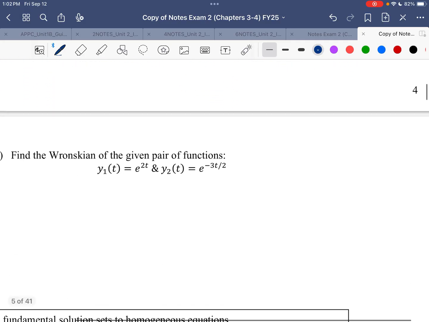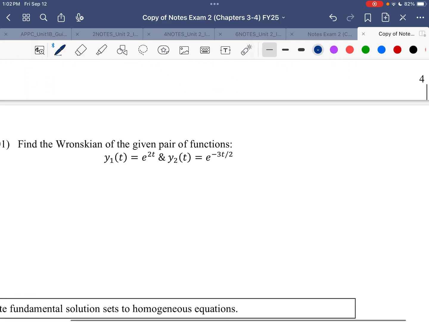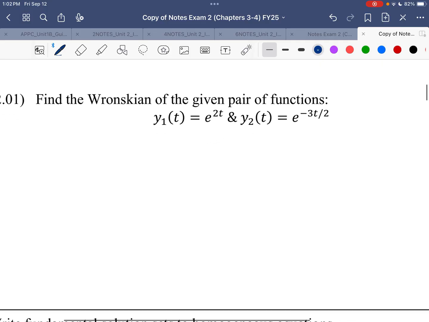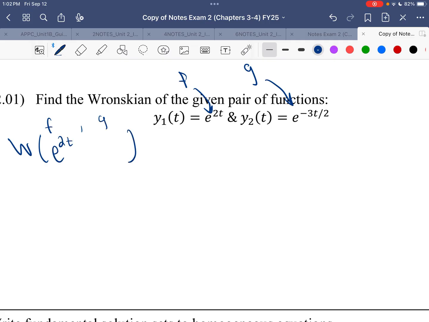So let's first try to find the solution for example 1. So this is F, essentially, and then this is G. We're doing the Wronskian of F, G. We'd have e to the 2t, and e to the negative 3t over 2. So put those functions into your matrix with determinant brackets, because you're going to find the determinant.